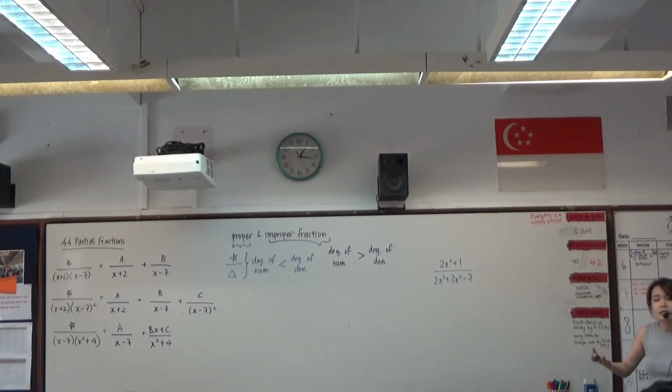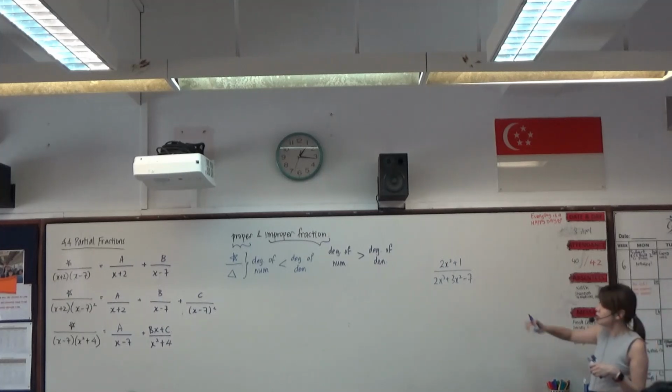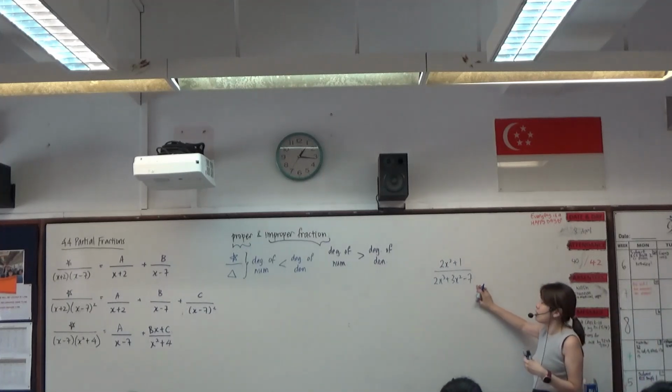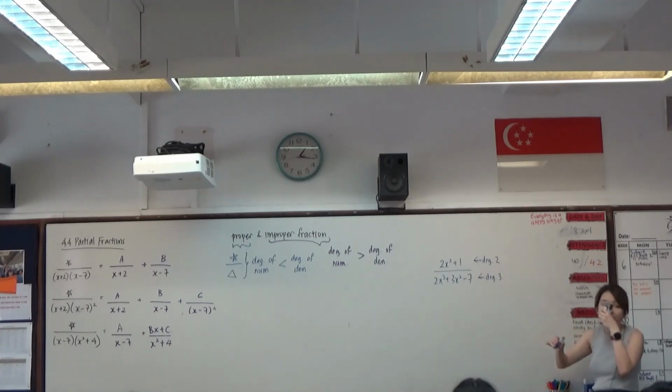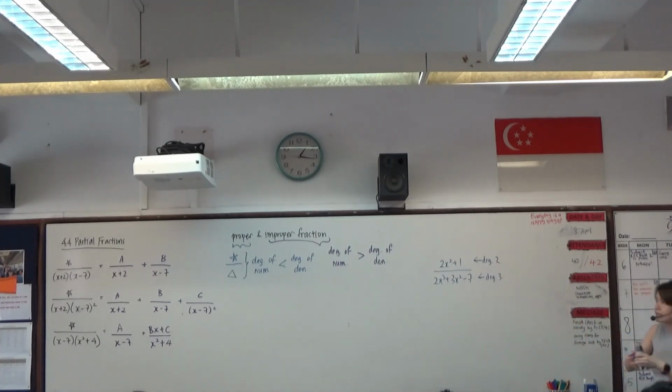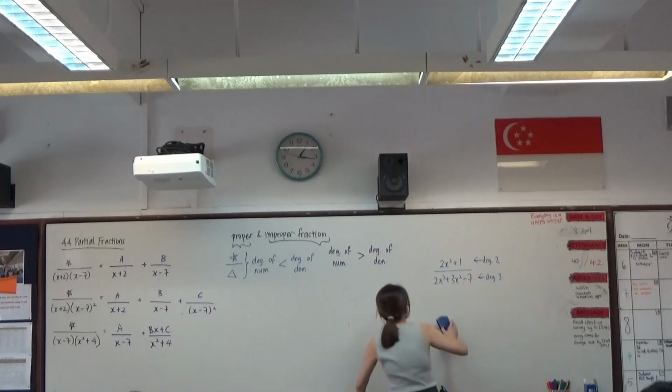That is not a correct way of defining a proper and improper fraction. It really depends on your degree of the polynomial in the numerator and in the denominator. So in this case, this is a degree 2 and this is a degree 3. So therefore, this is a proper fraction. Okay, so that is your definition also.